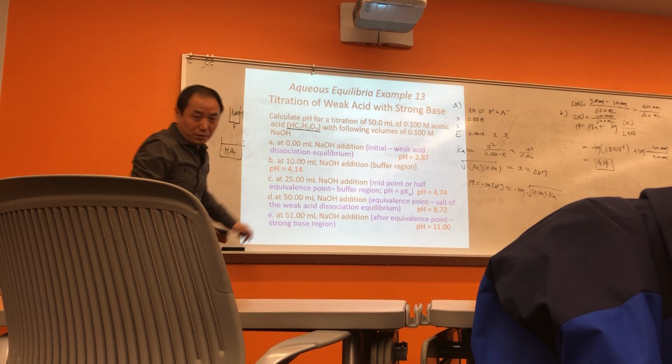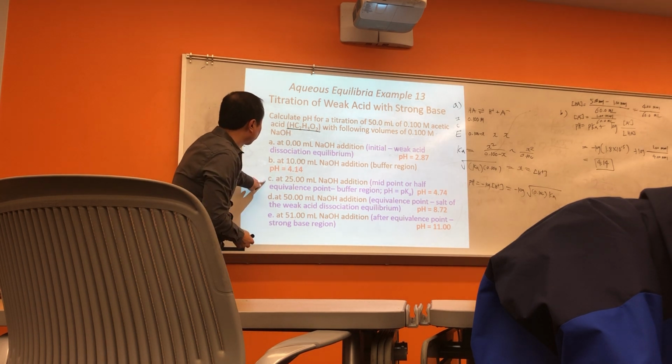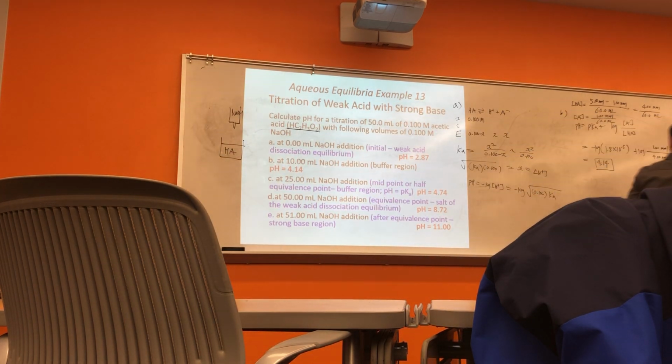So for part C, we originally had HA. Originally, how many millimoles do we have? We have 5 millimole, right?